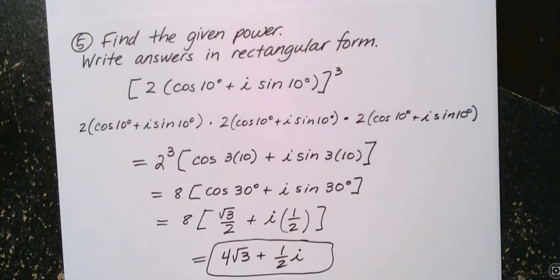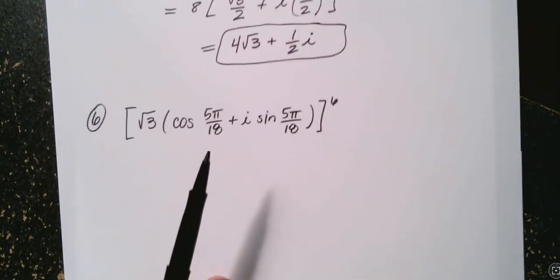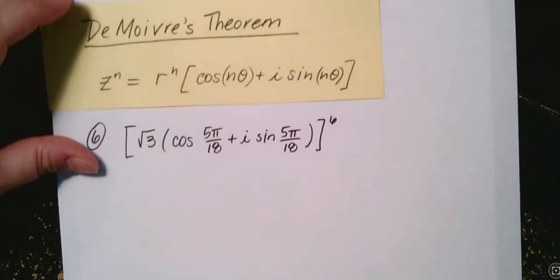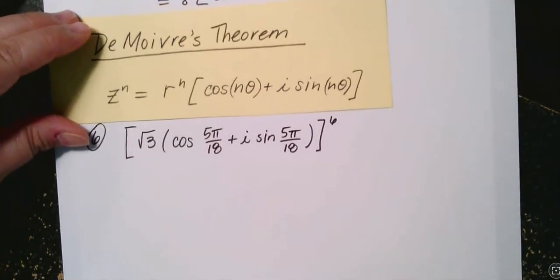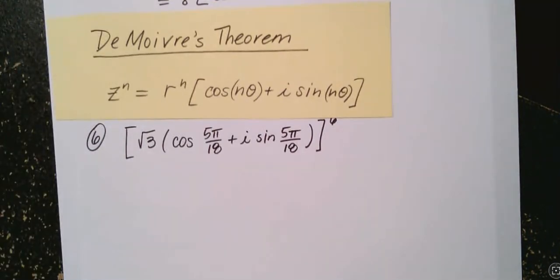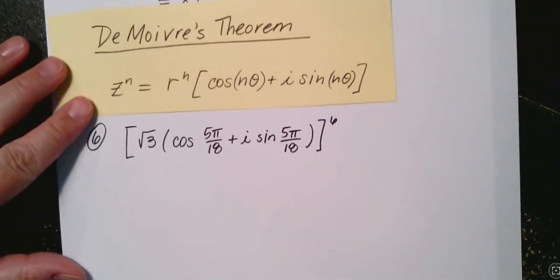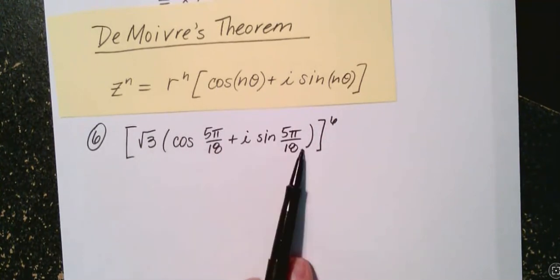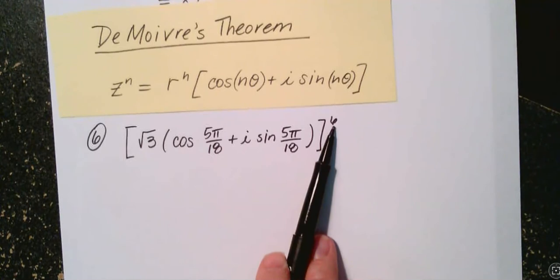All right, let's do one more like that. This is a little bit messier looking one. We have a radical and we have some radians instead of our degrees. So let's go ahead and use that formula. Here is my n. That's what I'm doing, is I'm raising this entire number to the nth power, where n is 6.